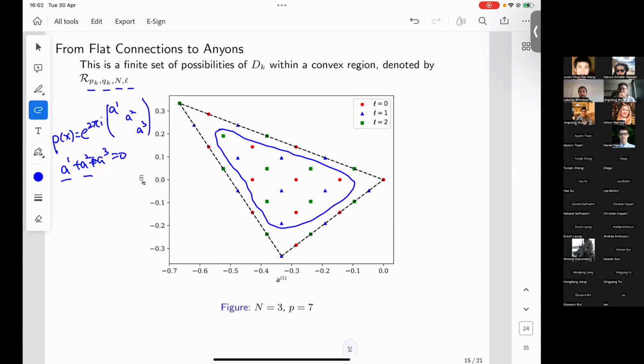Yes, I'm not sure. There's a formula from the F symbol, but I don't recall the precise form. But I believe it can be negative. Okay. Thanks.